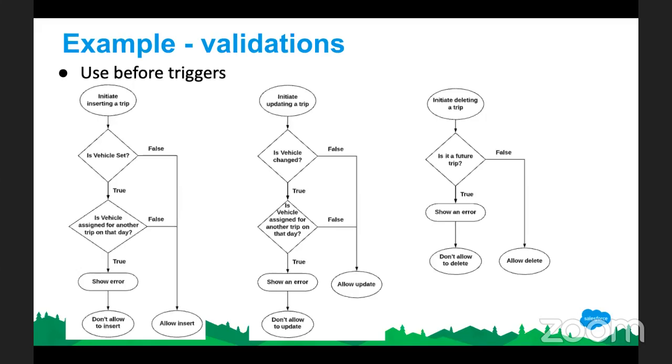I'm mainly going with the vehicle updates, because this scenario can be extended. When you set a driver for the trip, you can do the same sets of validations. Also, when a vehicle is changed, you should be careful about the old vehicle and new vehicle. There are lots of scenarios coming up, so I'm trying to go with just some very simple use cases.